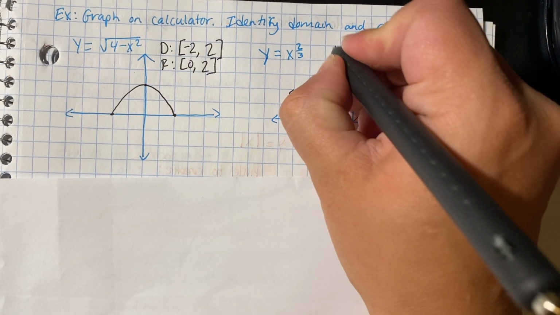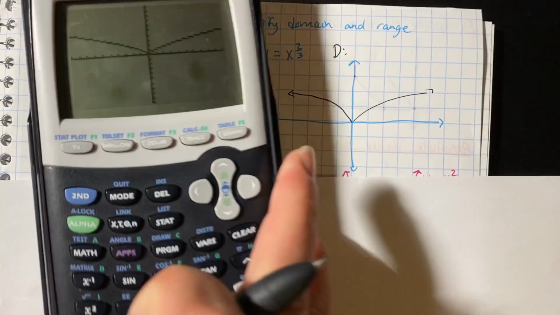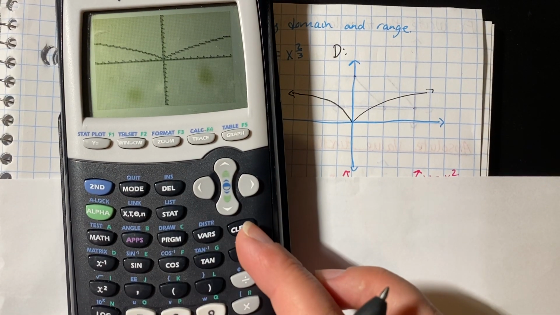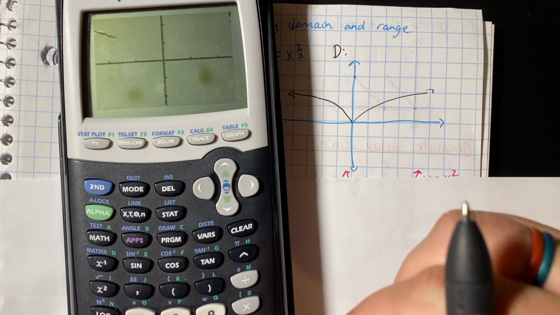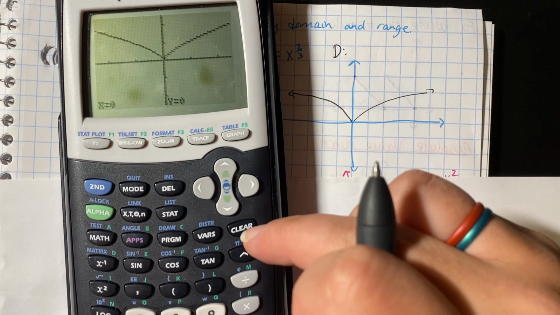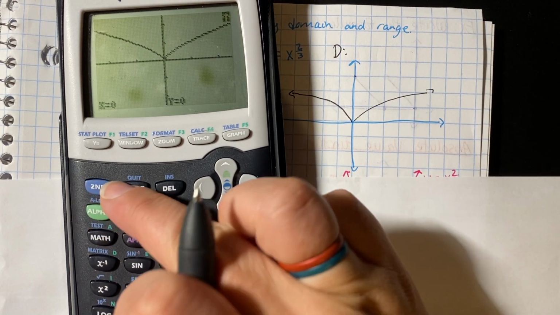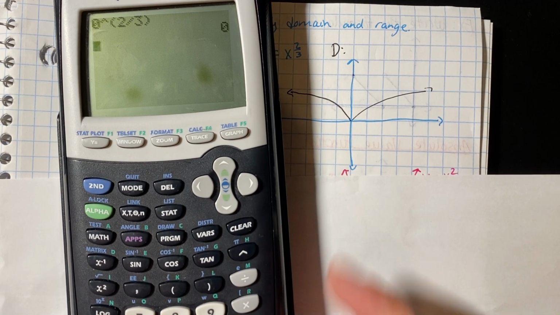So our domain, it looks like our domain is all x's. If you're not sure, we could zoom in on 0, 0 and make sure there isn't a hole there. It doesn't look like there is, okay? We could also do 0 to the 2/3 power, and that's 0, okay?